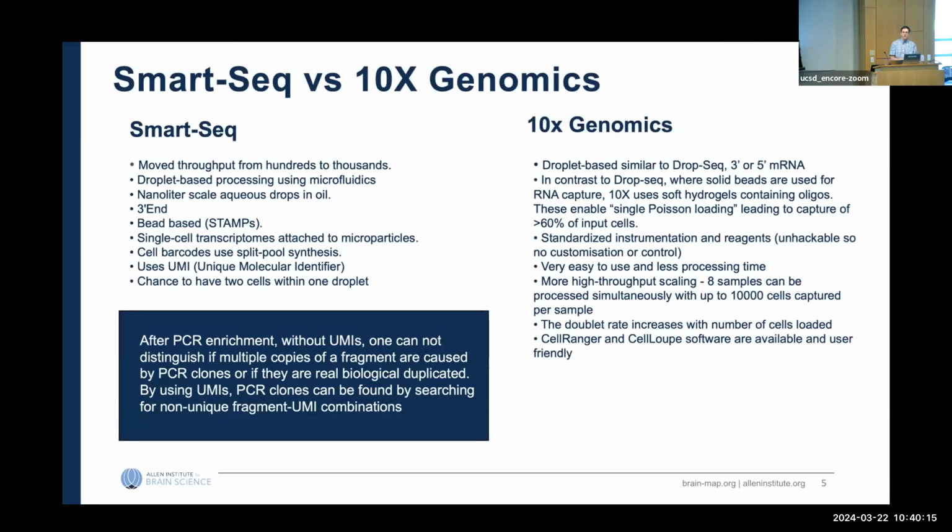There are two major methods that have been used in profiling genomic data. It's worth understanding a little bit about the difference between these. One of these is called SmartSeq, where you construct little droplets by separating the cells, and there's a process involving barcodes to label them.